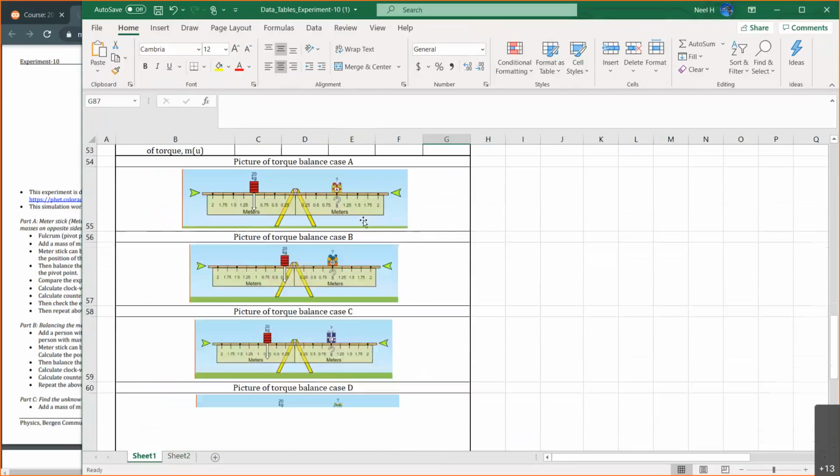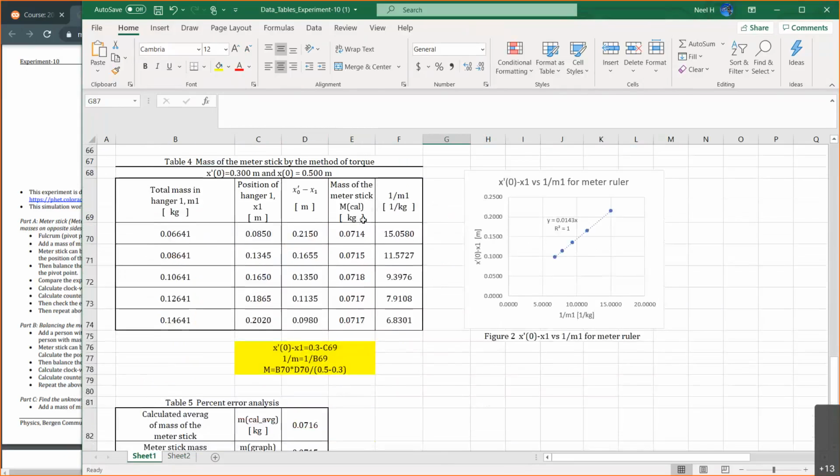Then we use the same torque balance equation to figure out the mass of the meter ruler, with an experiment very similar to the torque balance experiment we did with the simulator. But the new method is we shift the pivot point to a different point than the center of mass. Then we use that method to calculate the mass of the meter ruler itself. That's what we did.